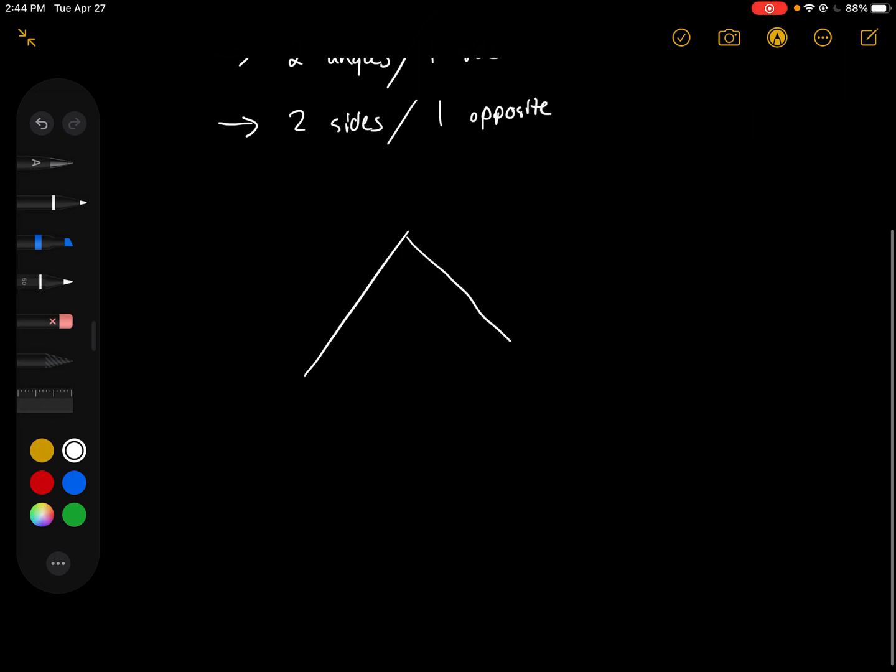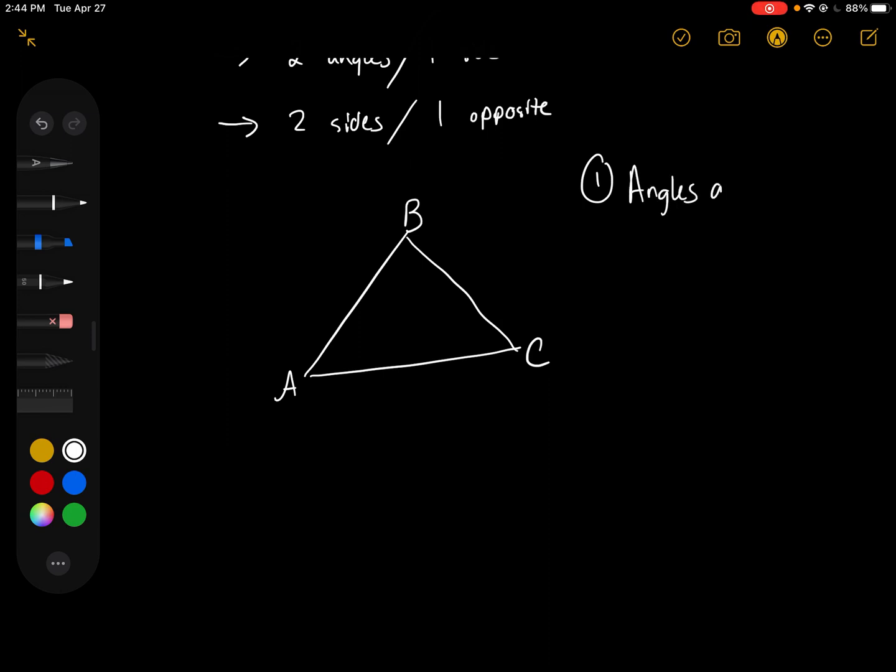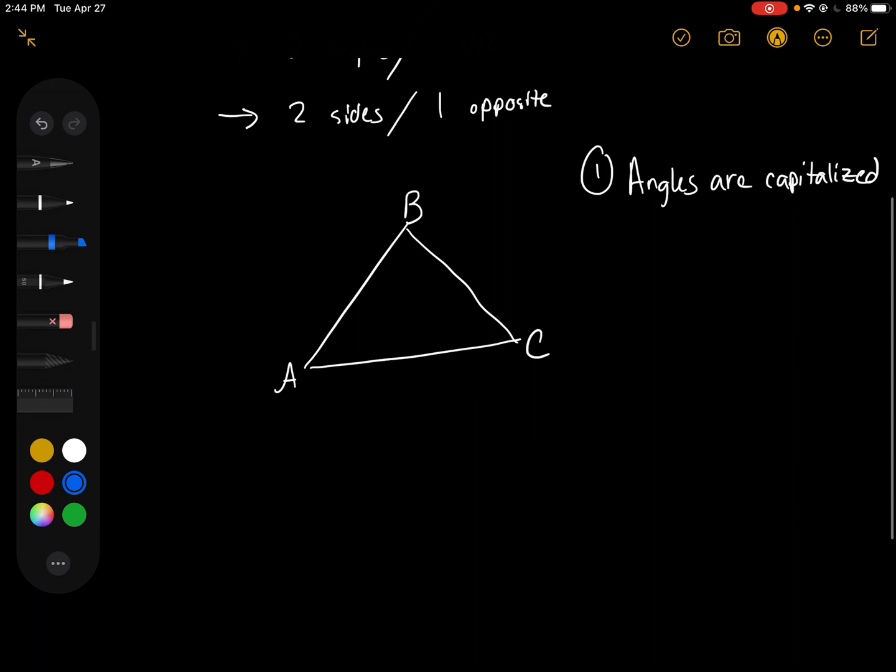So a few things notation-wise are really, really important to make sure that we have down 100%. The labeling, just like before, is beyond important. So let's start off with a triangle. Here is a triangle that is not a right triangle. There's no 90-degree angle here. And we'll call it triangle ABC. One thing to take note of: angles are capitalized.